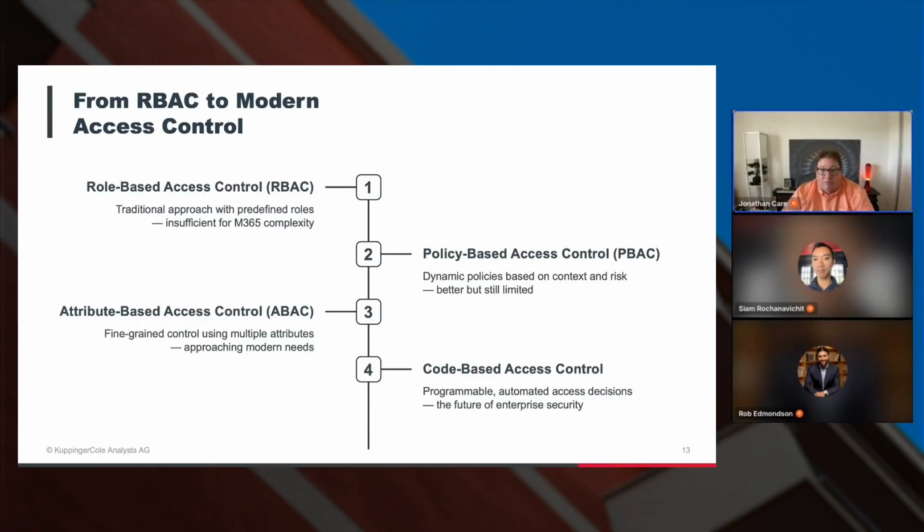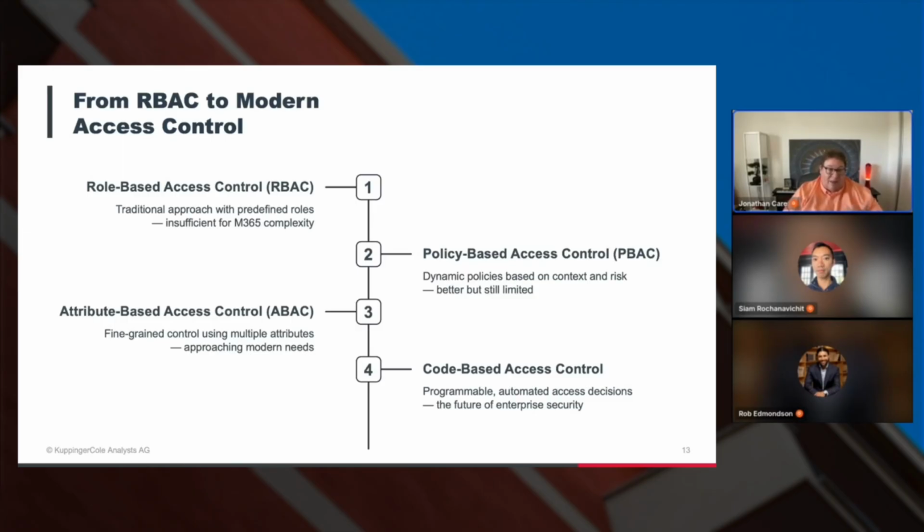This is an improvement, but still has limitations. The next evolution, which we are starting to see, is attribute-based access control. This gives us quite a fine grain, using multiple attributes to make access decisions. And indeed, ABAC is getting closer to meeting the needs of modern enterprise security.